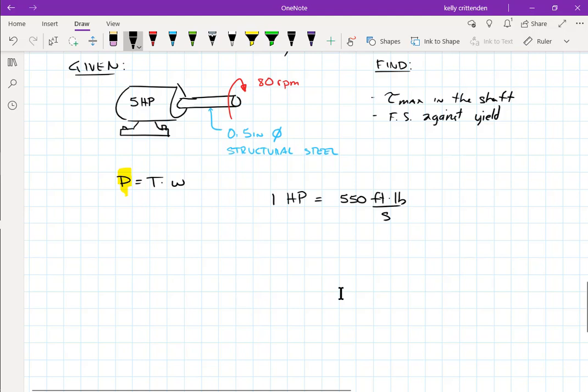You could think of it like a horse connected to a cable system with a 550-pound weight on it; he could lift that weight a foot per second.